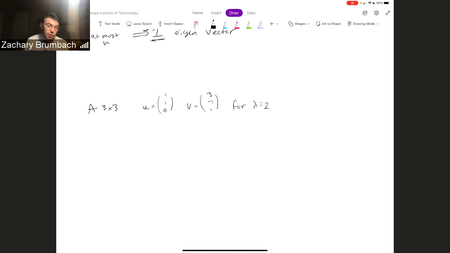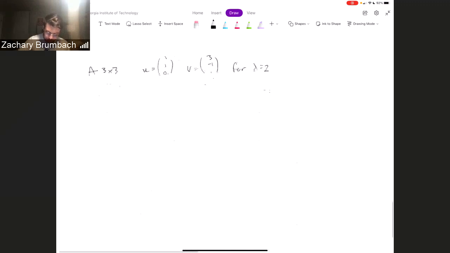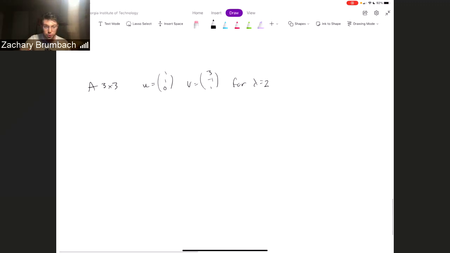Then U plus V is also an eigenvector of A corresponding to the eigenvalue lambda equals 2. This one is true, okay?